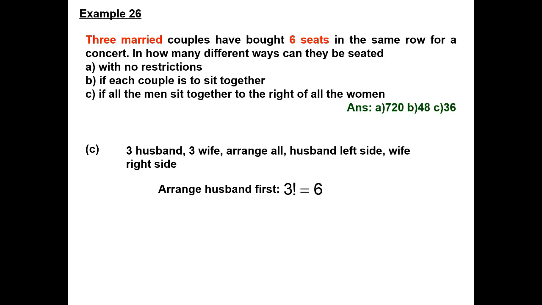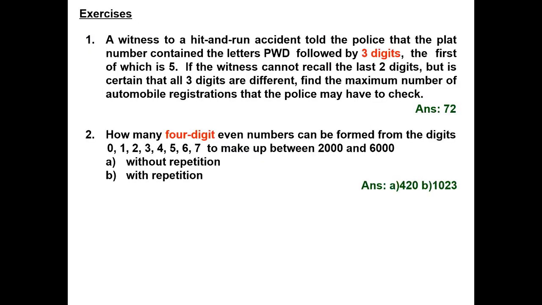There are 3 husbands, so the permutation is 3 factorial, equal to 6. Next, we arrange the wives. There are 3 wives, so the permutation is 3 factorial, equal to 6. The permutation that we will get is 6 times 6 equal to 36.